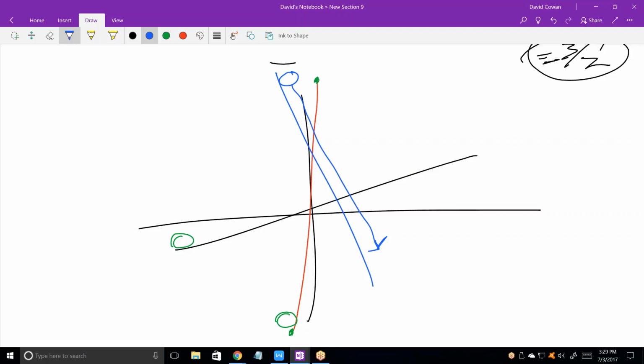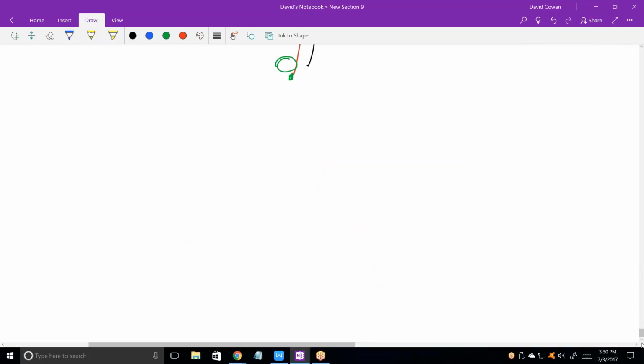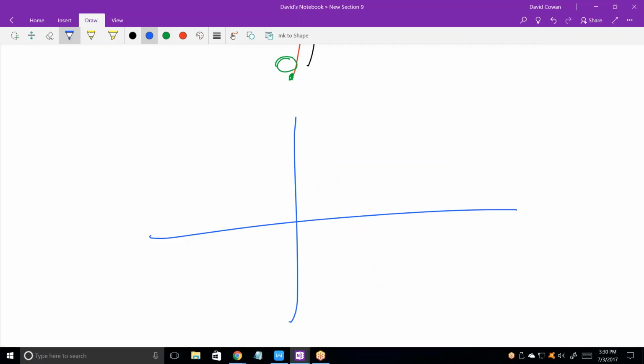There are various ways to remember whether slopes are positive or negative. I'm not sure what's going to work best for you. The best way I have of testing people is to just draw a bunch, and usually they figure it out. Okay? Let me do one more. Positive or negative? Negative.